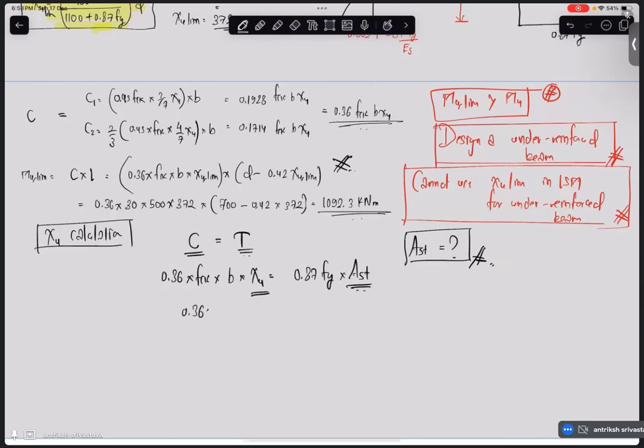So 0.36 into 30 into 500 into XU is going to be 0.87 into 250 into AST. So XU is coming out to be 0.06712 AST.